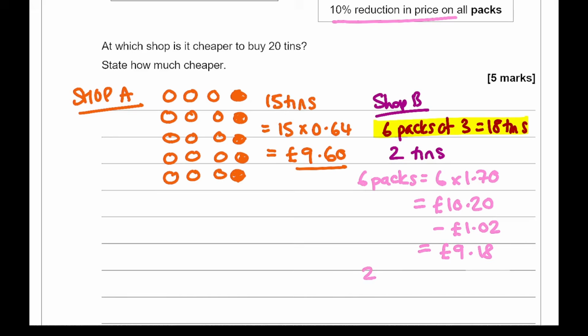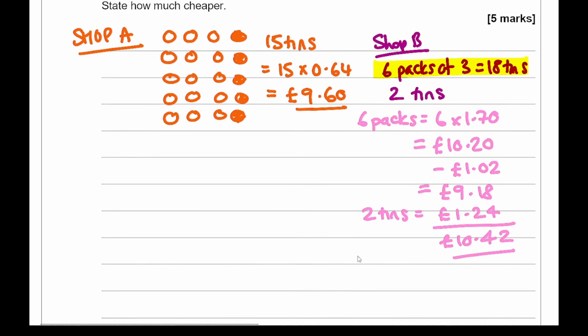Now what I then need to do is add the 2 tins, so that's 2 times 62 pence, which comes up to £1.24. If I add those two amounts together, I get an answer of £10.42.